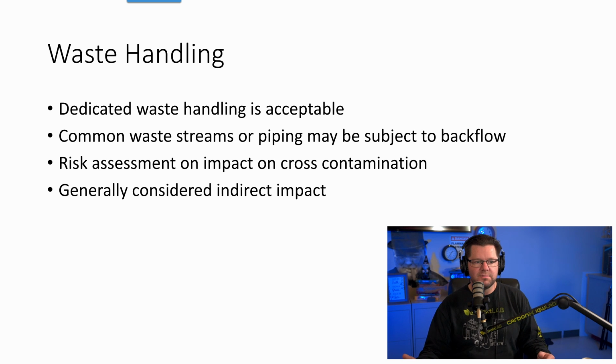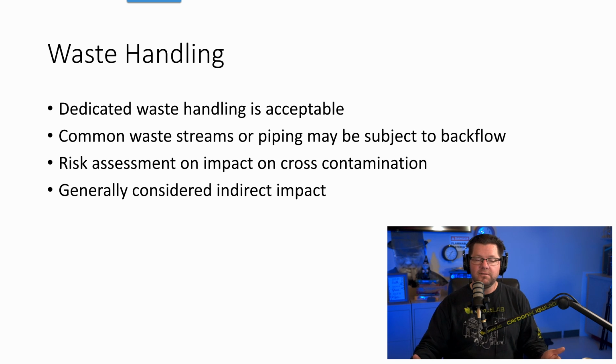So those are the types of things that you need to be thinking about with your waste stream and your waste handling. It's better to have, in my view, dedicated waste streams, especially if they're piped in liquid. If they're gas, you may have to do direct vent. But you better make sure that those always have positive pressure or are valved so that they can't backflow through.